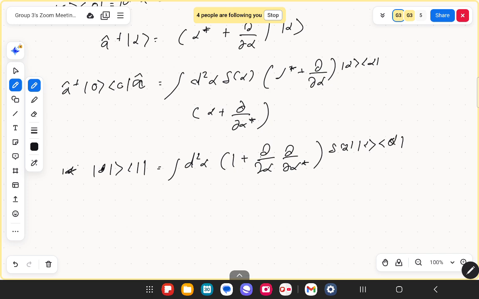So by comparison with the definition, the P function will be 1 plus ∂/∂α into ∂/∂α* δ(α).